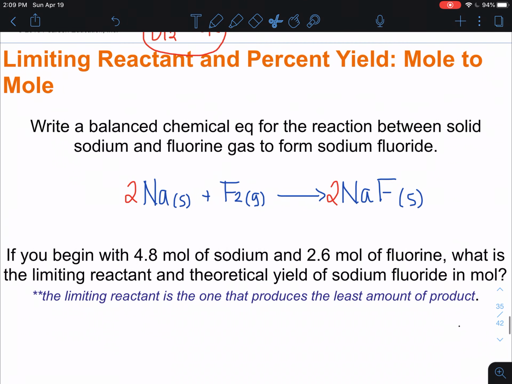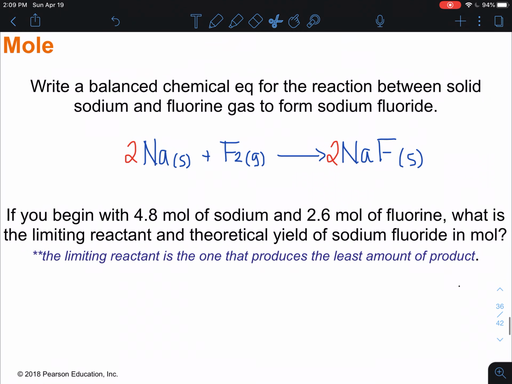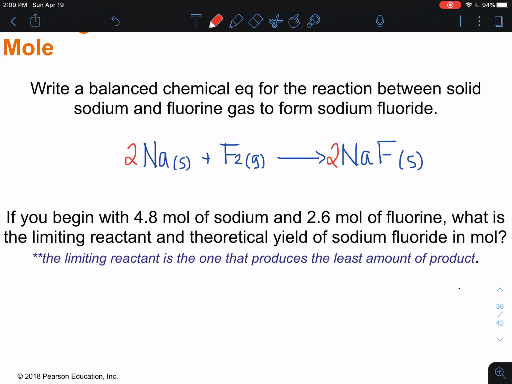Okay. Again, this is another mole to mole conversion, because we are beginning with 4.8 moles of sodium and 2.6 moles of fluorine, and we need to know what the limiting reactant is and the theoretical yield.